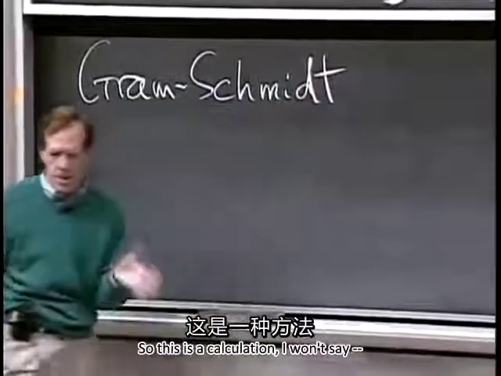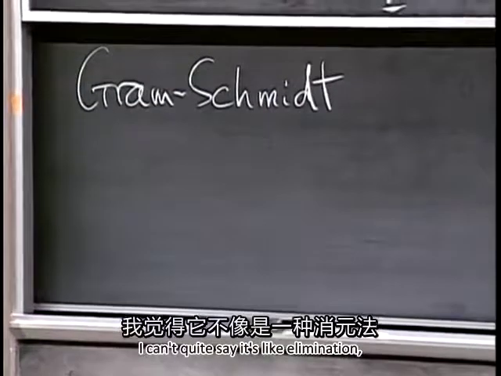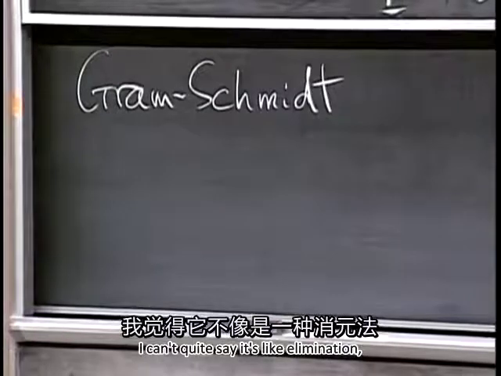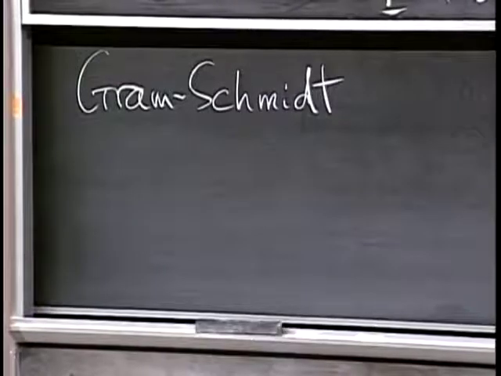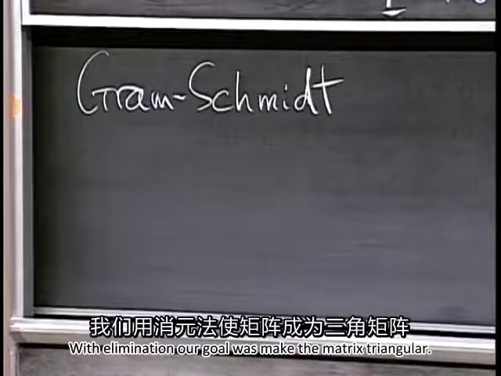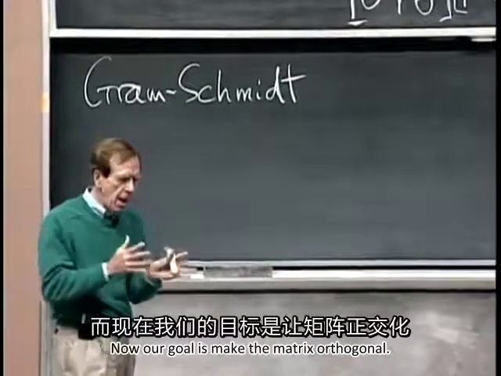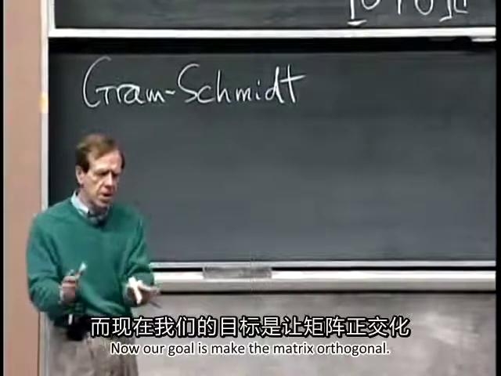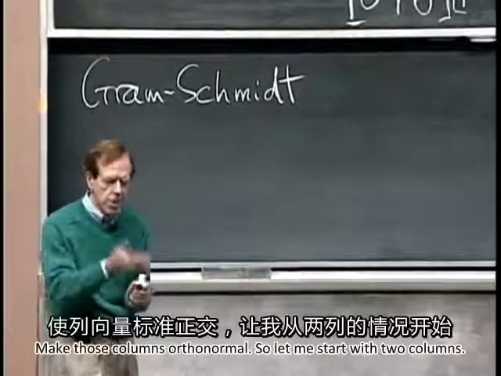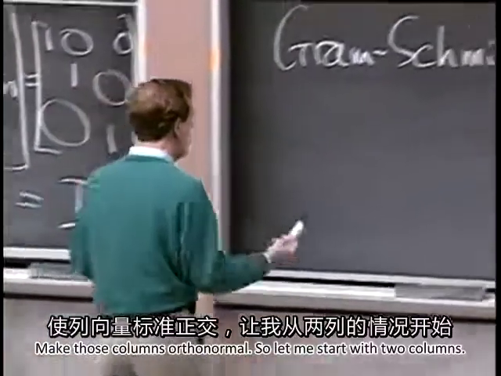So this is a calculation. I can't quite say it's like elimination because it's different. Our goal isn't triangular anymore. With elimination, our goal was to make the matrix triangular. Now our goal is to make the matrix orthogonal. Make those columns orthonormal. So let me start with two columns.